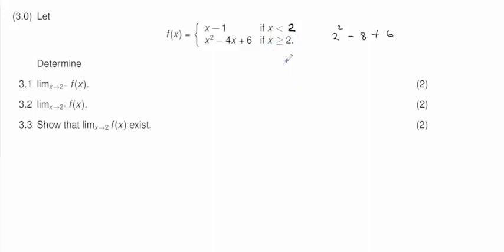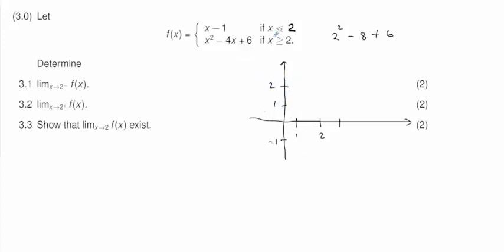But how? Let's sketch a rough diagram like this, and have our number line here. This is 2, this is 1, and that is minus 1 there, and 1 there, and 2.